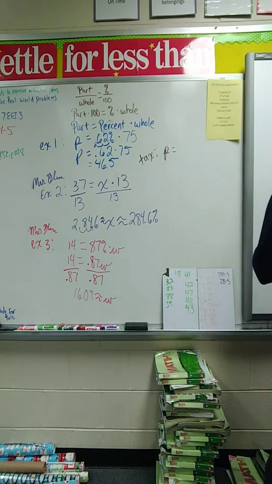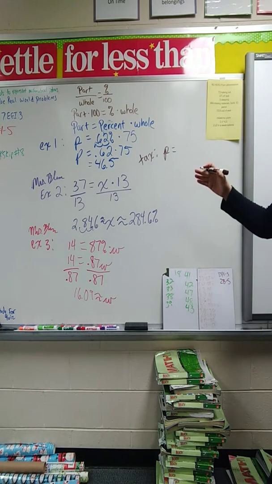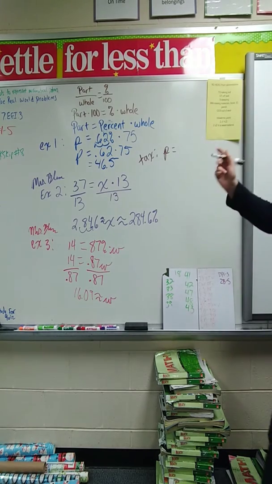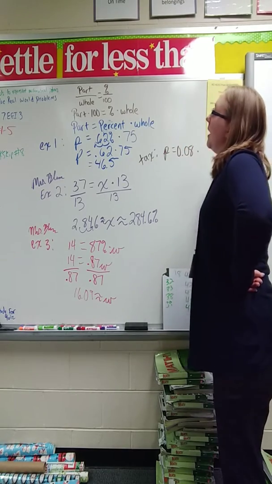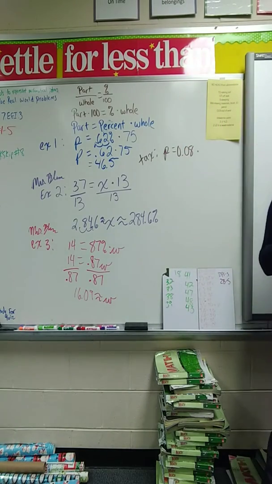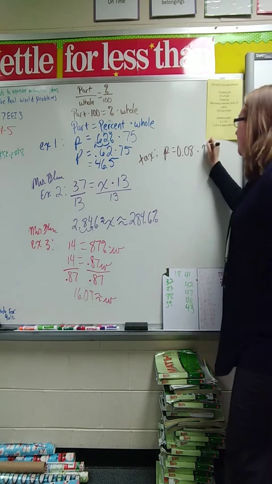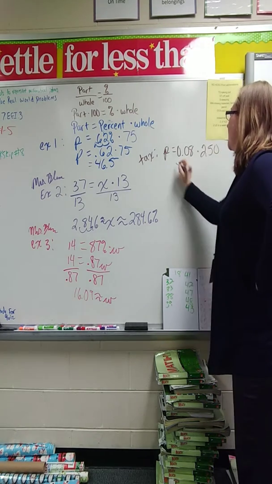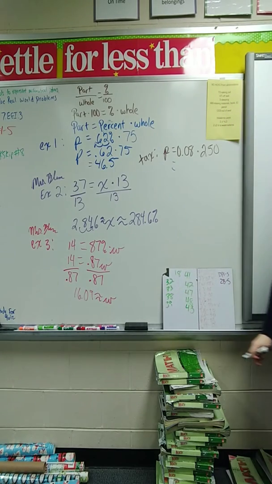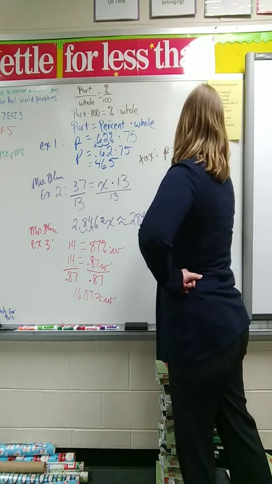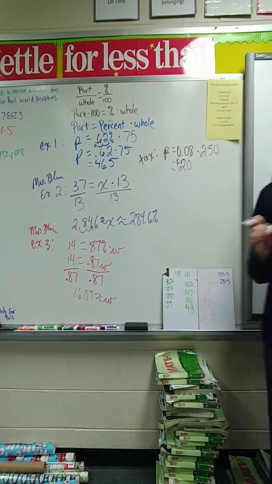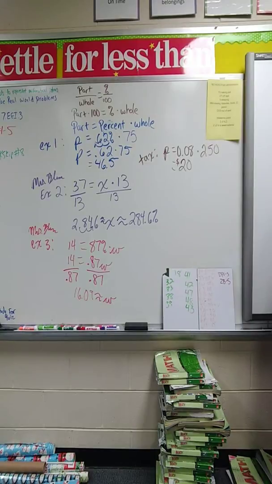How am I going to write that 8%? 0.08. Now, if I'm buying that camera for $250, what is my whole? $250. With a handy dandy calculator, what is 0.08 times 250? 20. Okay, so that means that I'm going to pay $20 in tax on that item.